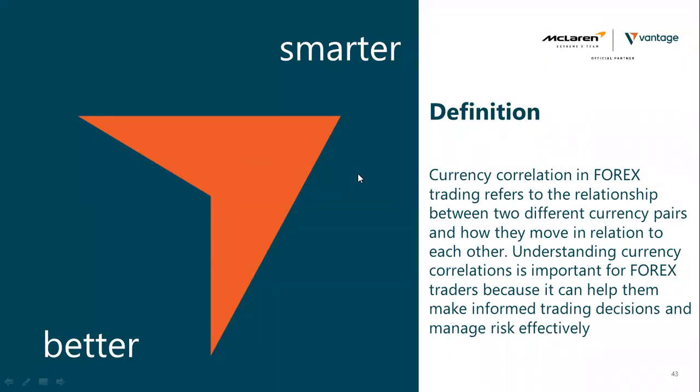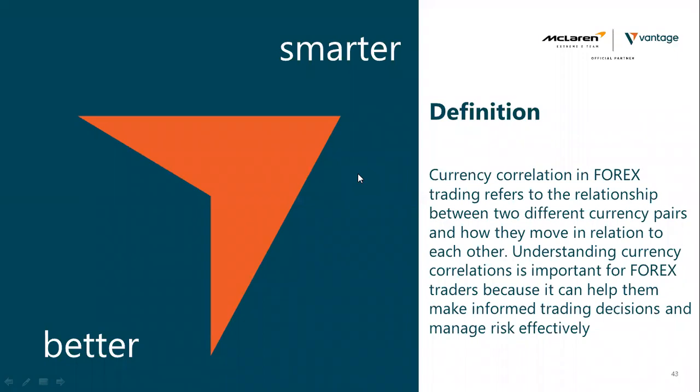Understanding currency pair correlation is important to Forex traders because it can help them make informed trading decisions and manage risk effectively. This idea of correlation is so important because you need to know what you should not be trading together, and what you should be trading against each other. When you take a particular trade, what else should you not trade?